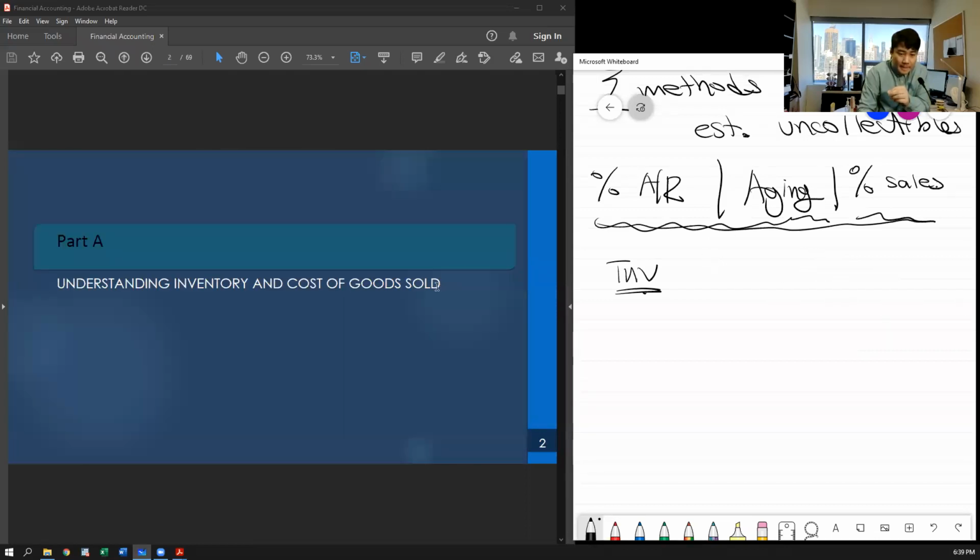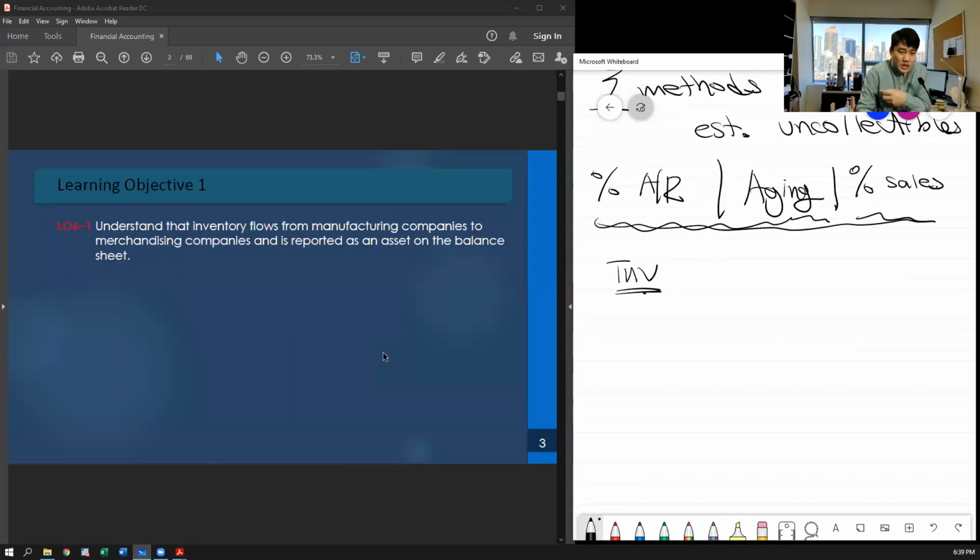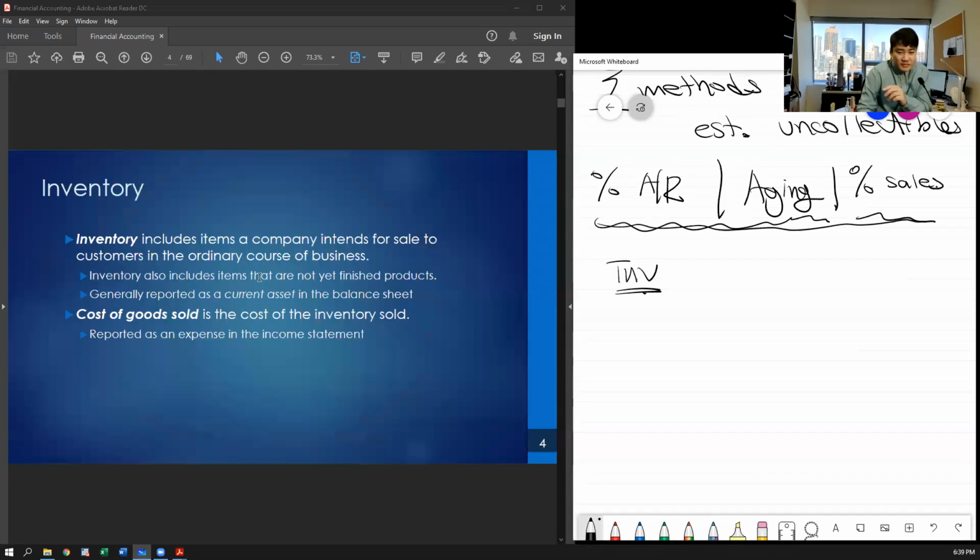Understanding inventory and cost of goods sold. The learning objective is to understand that inventory flows from manufacturing companies to merchandise companies. Not that important, I don't think. But basically, inventory includes items that companies intend for sale to customers in the ordinary course of business.